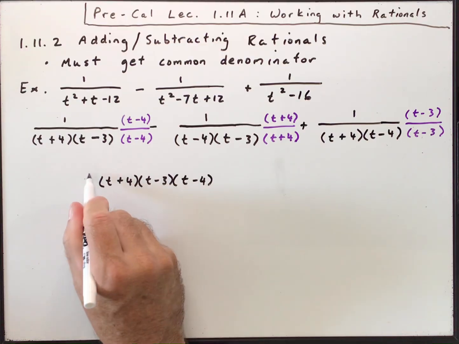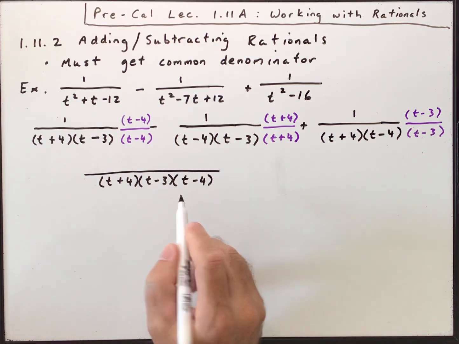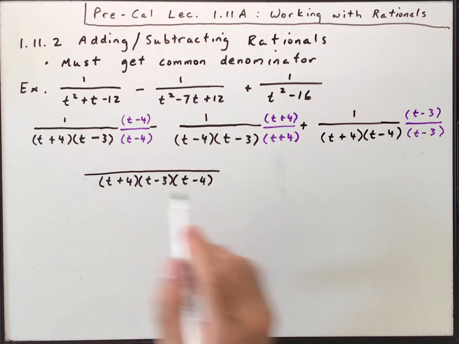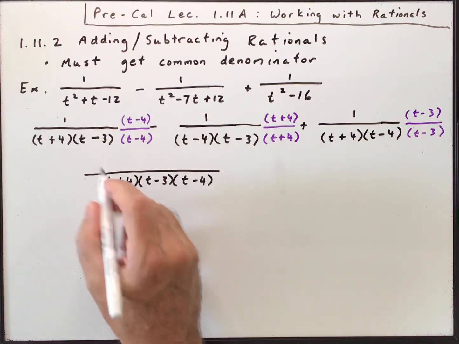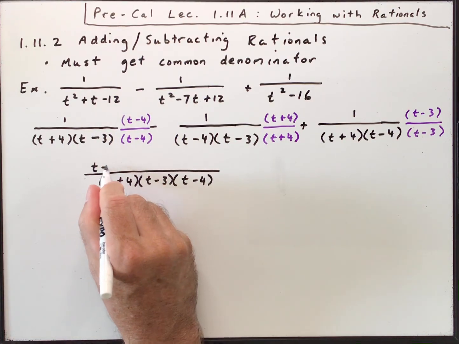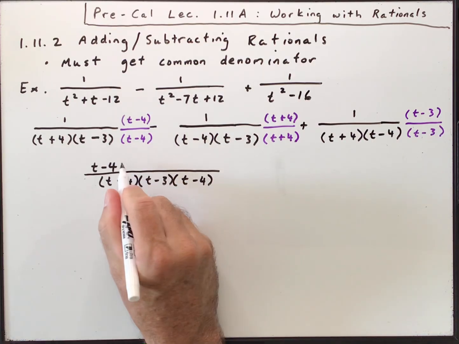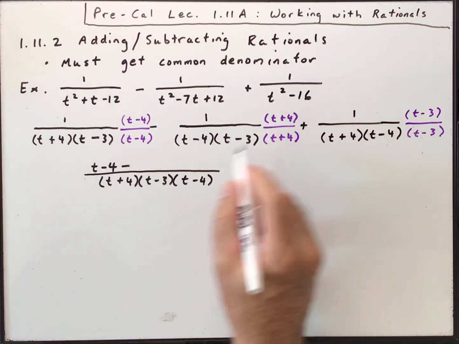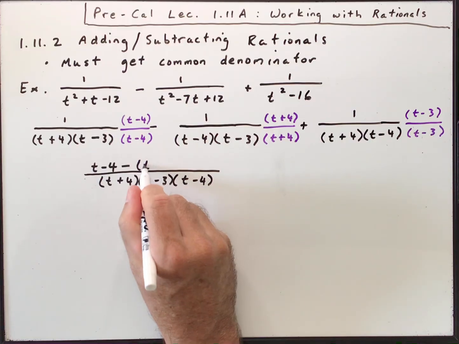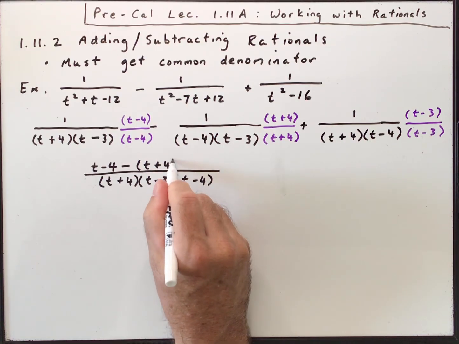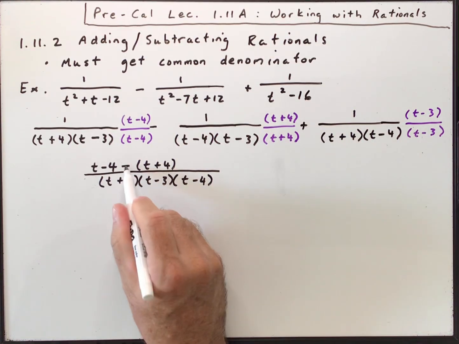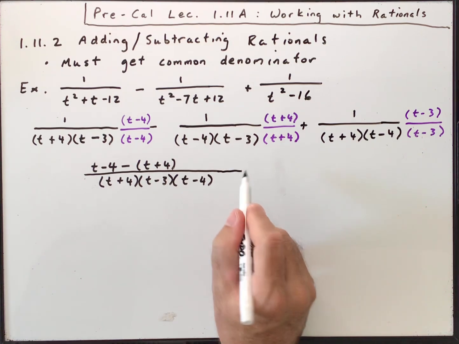You can see they're the same for all 3 now. Now I'm going to do the top. So 1 times t minus 4 is t minus 4. And then this is a minus. So minus, and I'm going to keep that t plus 4 in parentheses right here because I have to distribute the minus sign.